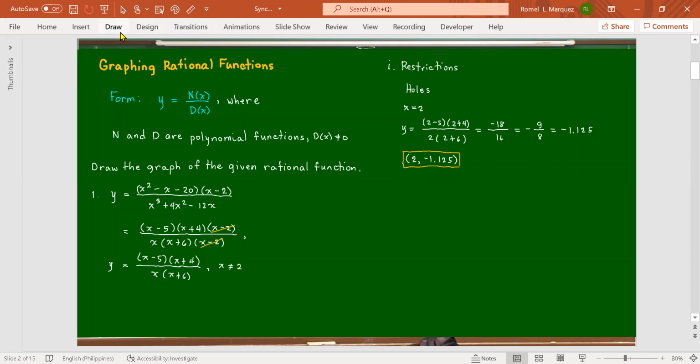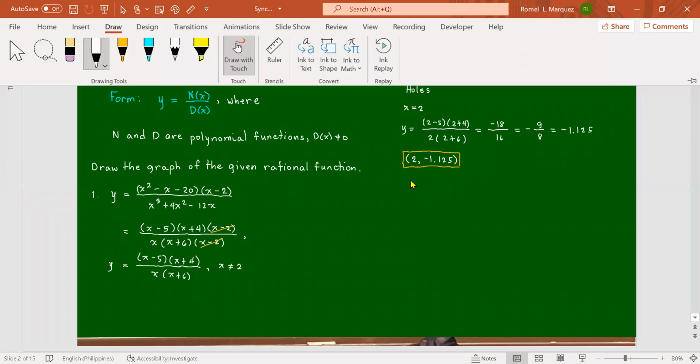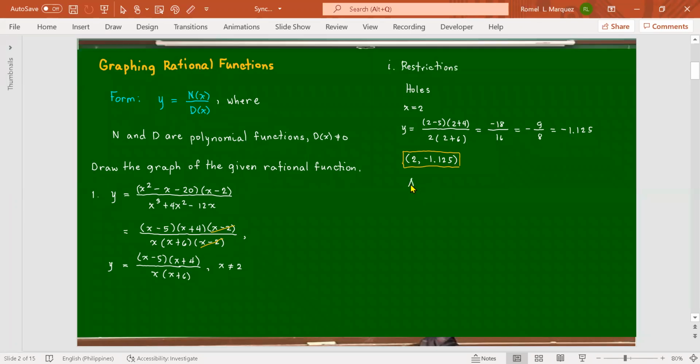Next, what about asymptotes? The second one, we have asymptotes, and there are 2 kinds that you can have: vertical, and then the other one either horizontal or slant. So actually there are 3 possibilities: vertical, horizontal, and slant. Now, how do we determine the vertical asymptotes?